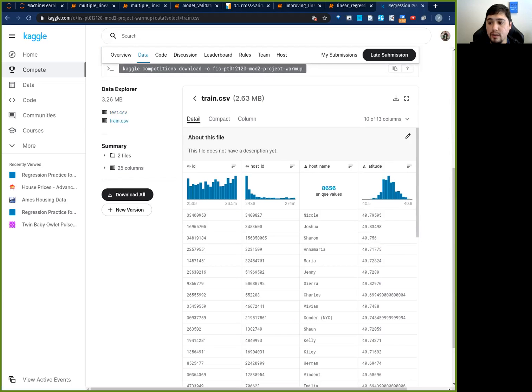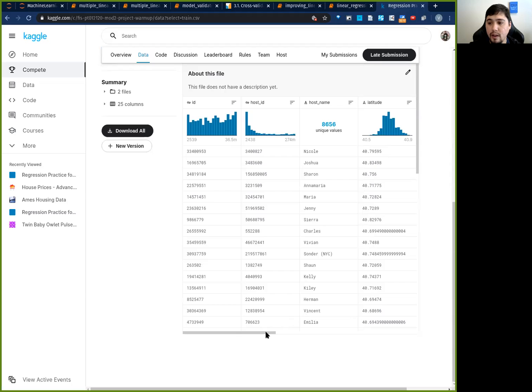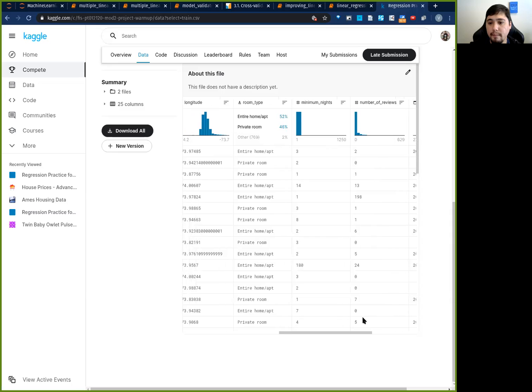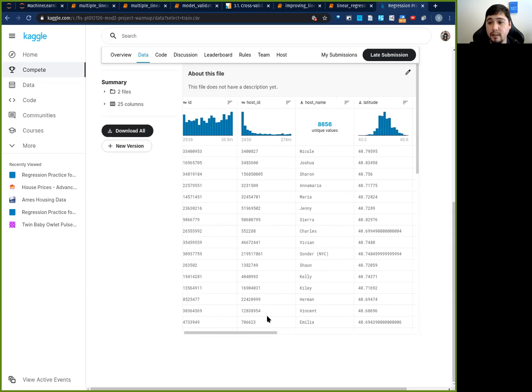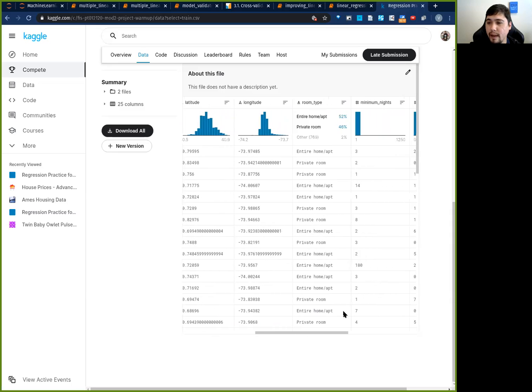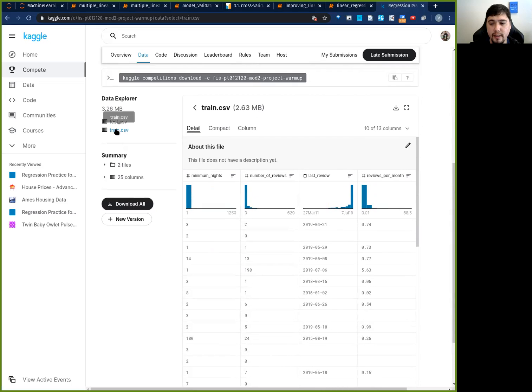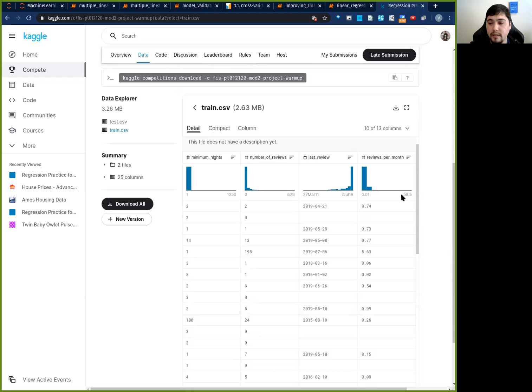For most competitions on Kaggle like this, the train file will contain all the features, plus usually at the end, maybe it's not on here. I'm trying to remember if this was the right target that I'm thinking of. Anyway, the train file should have all the features plus the target at the end.